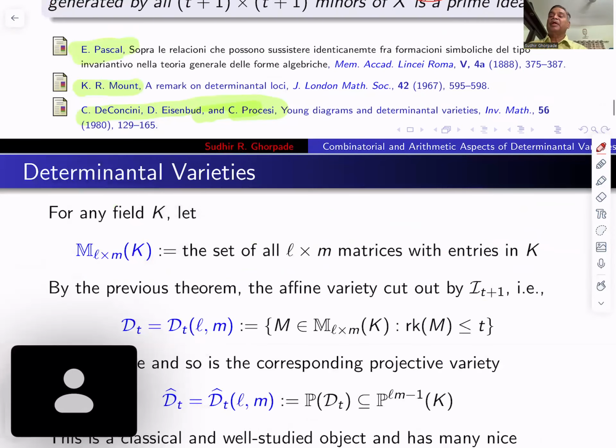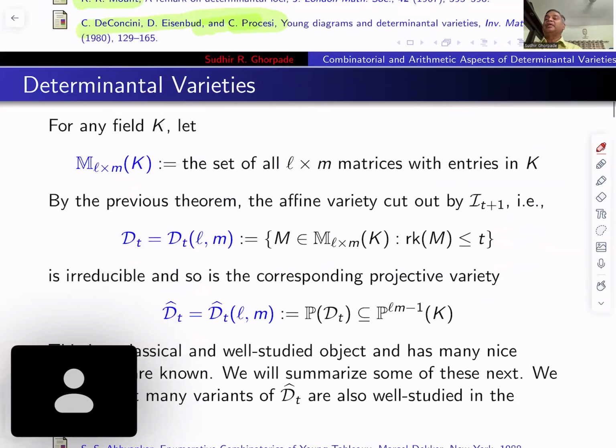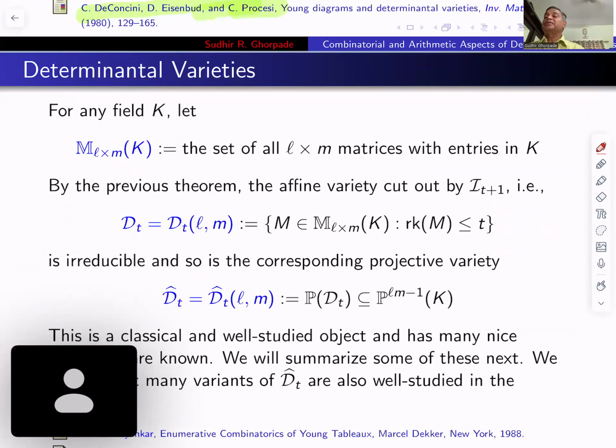So if I look at the determinantal variety cut out by this ideal, to begin with, for example, the affine variety, it's basically the set of all L×M matrices. You can think of it as a point of the affine LM-dimensional space over the field K, for which all the (t+1)×(t+1) minors are 0. And basic linear algebra will tell us that this is precisely the set of all L×M matrices whose rank is at most t.